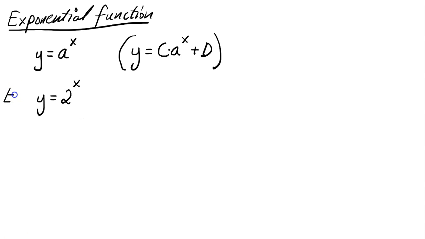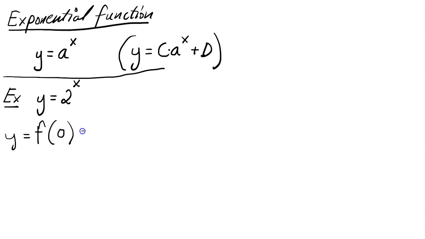So let's now take this one as an example: 2 raised to the power x. What is y equal to if x is equal to 0, for example? Then it's 2 raised to the power 0, that's 1.